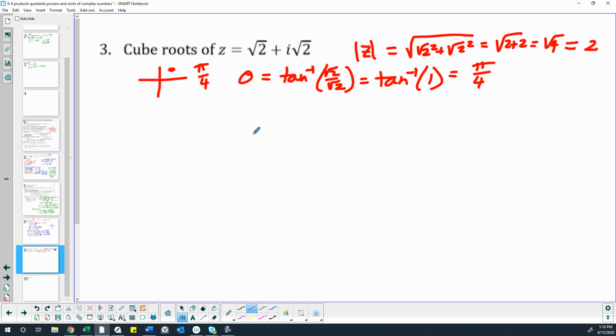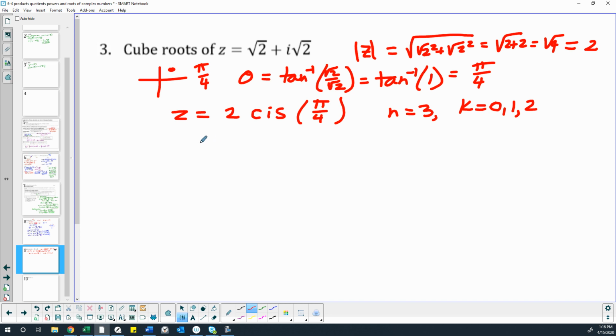Okay, so then we have our z is 2 times cosine plus i sine of pi fourths. We are doing cubed roots, so n equals 3 and k will equal 0, 1, and 2.